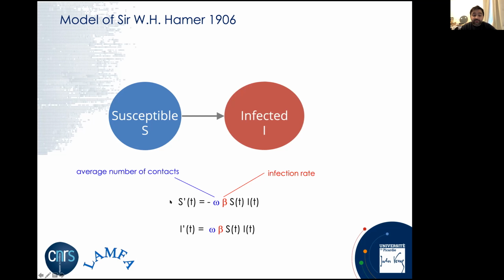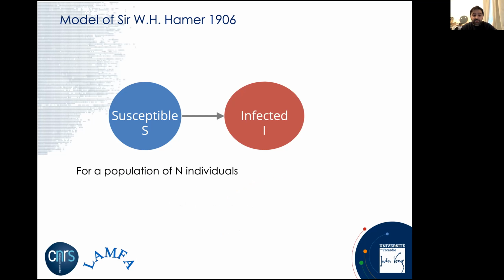He didn't know how to solve the system of equations, so he made another assumption. He said we will suppose that in Bombay the population is constant, equal to N. Like that, you can simplify and just have to solve one ordinary differential equation, which is this one.